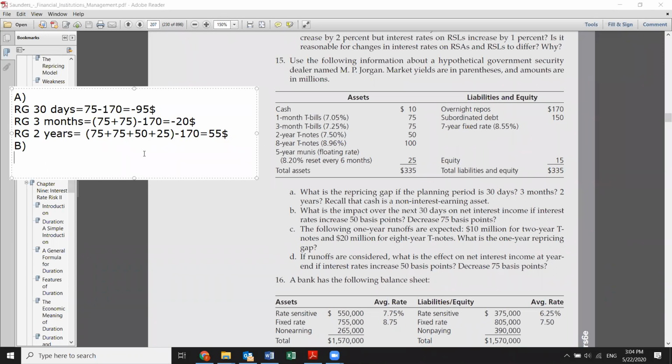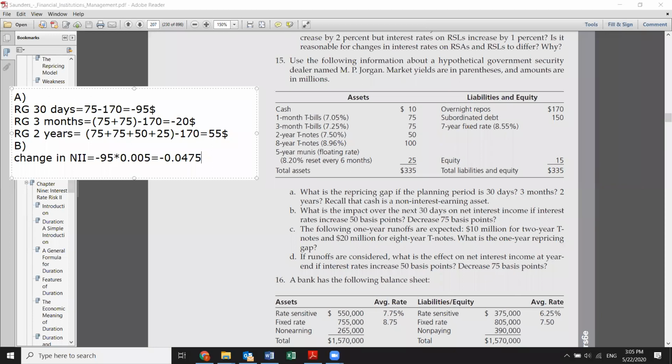So the change in net interest income will be equal to the repricing gap times the change in interest rate: minus 95 times 0.005. Let me calculate, 95 times 0.005 should bring me minus 0.0475.